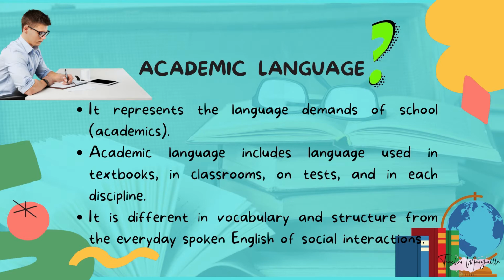It is different in vocabulary and structure from the everyday spoken English of social interaction. And each type of communication, both academic and social, has its purpose, and neither is superior to the other.